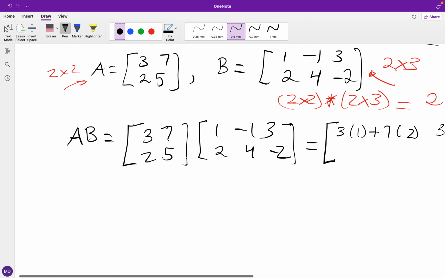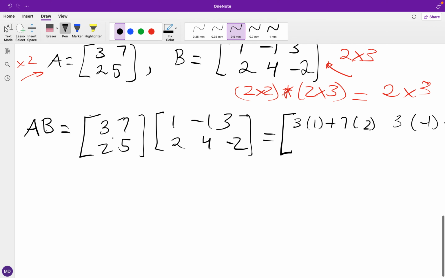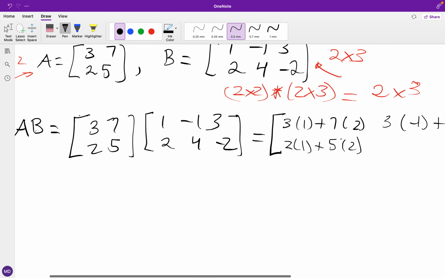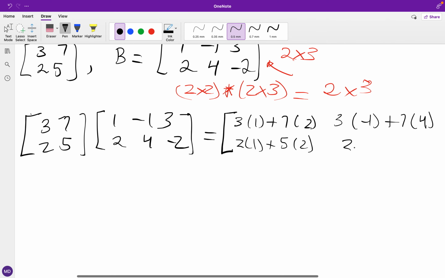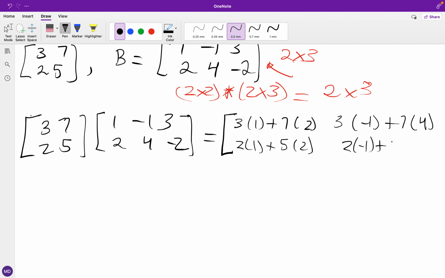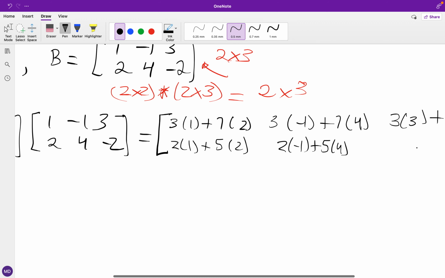And now for, let's say, the second row. Second row, first column would be 2, 5 dotted with 1, 2. So you'd get 2 times 1 plus 5 times 2. Now second row, second column would be 2, 5 dot product with negative 1, 4. So you'd get 2 times negative 1 plus 5 times 4.